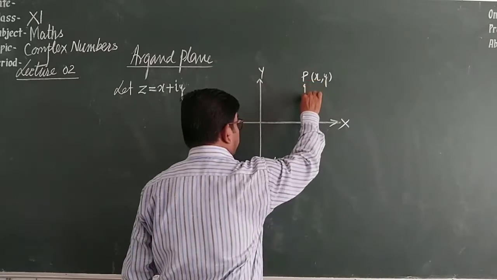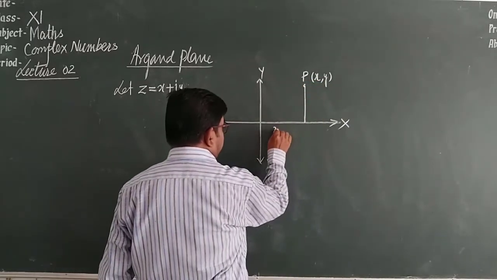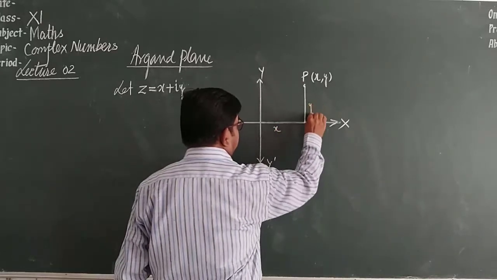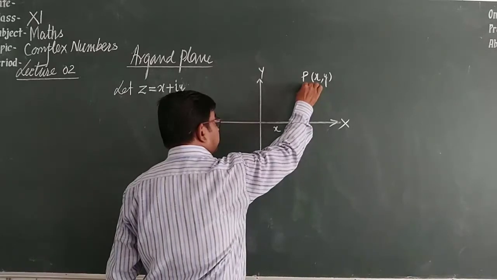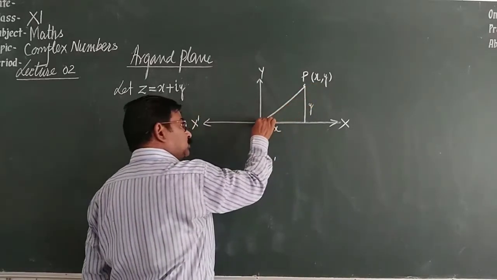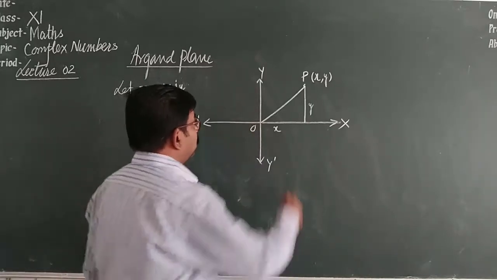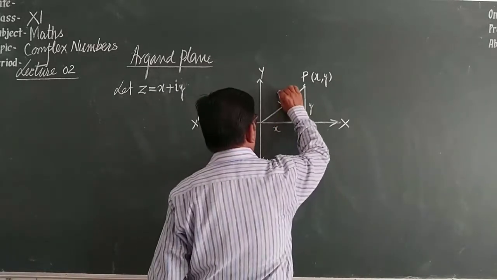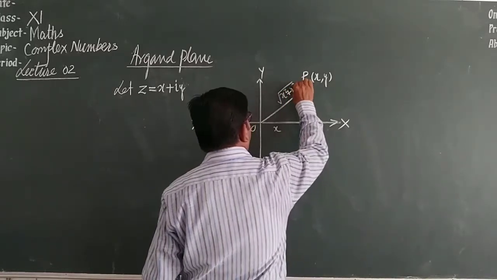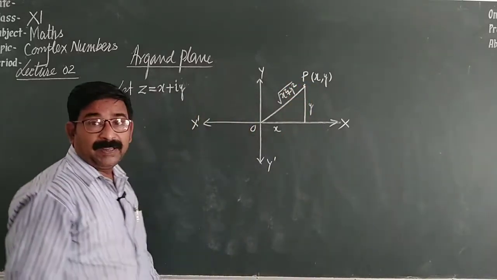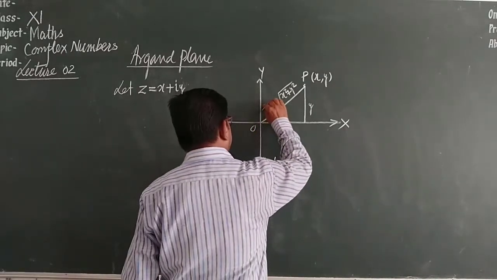Let's see. This distance is x, and this distance is y. When we join this point to the origin O, suppose, this is under root x square plus y square by Pythagoras theorem, and this is named as modulus of z.